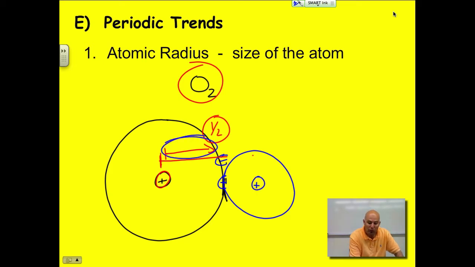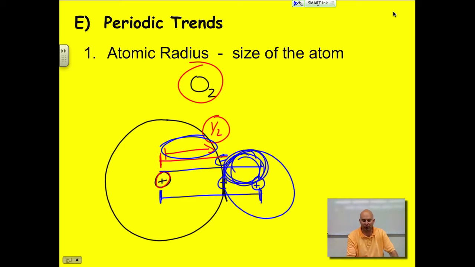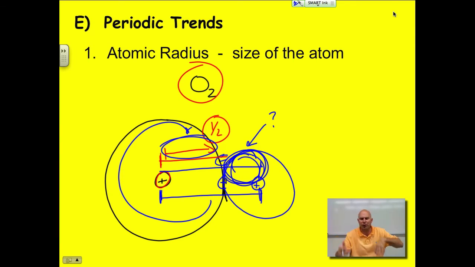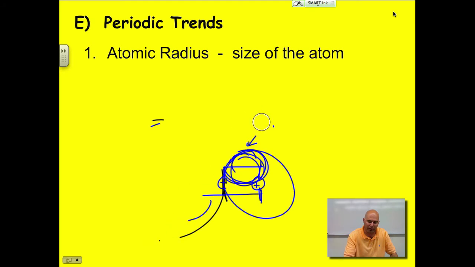You know what the oxygen radius is, so they'd measure between one nucleus and the other, and you simply subtract the one that you know from the total distance, and that would determine the radius of the other. So you can continuously determine radii of different atoms.